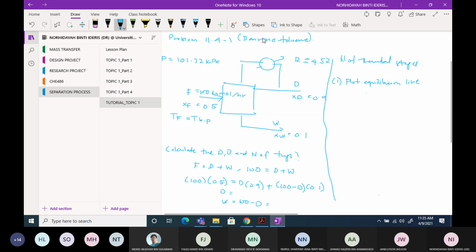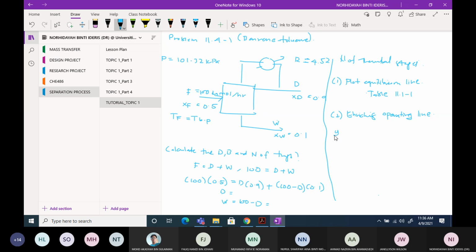We are talking about the same system, benzene and toluene, so by right you can refer to the same table as table 11.1-1 because the pressure is also at atmospheric pressure here. Now we go to step number 2. You need to write down the enriching operating line.